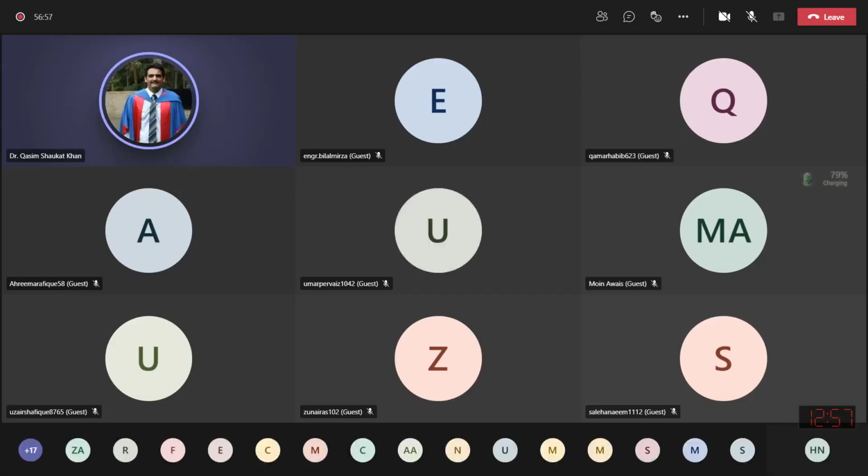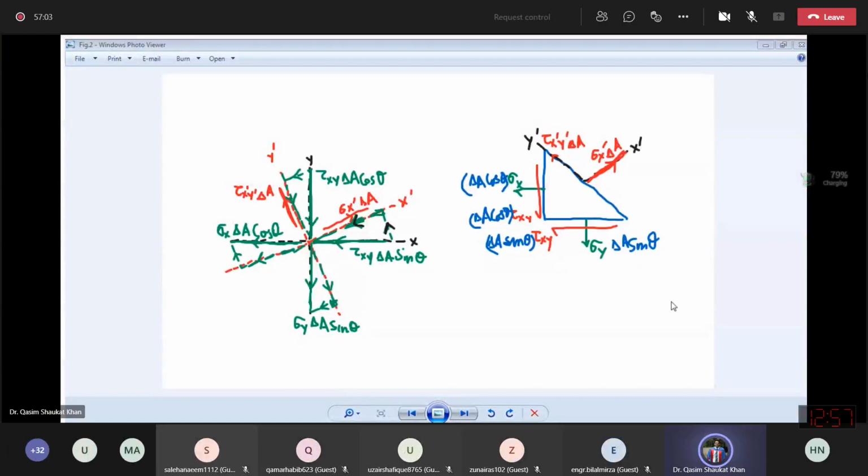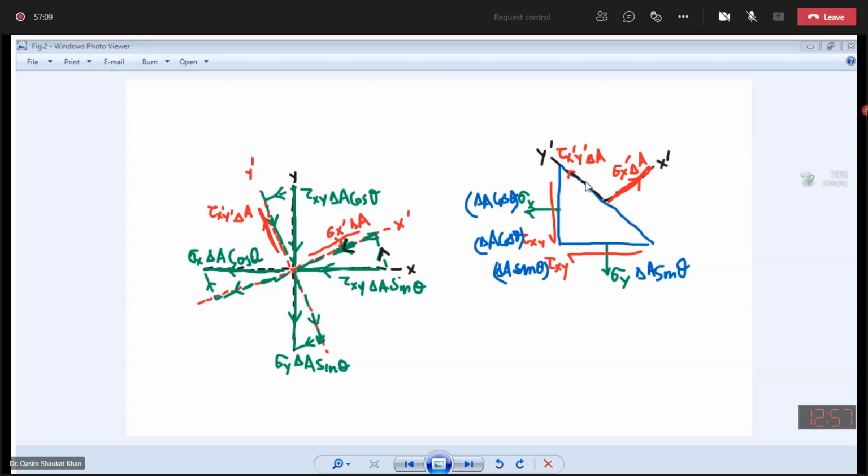Let me share the next figure. Can you see this figure now? Yes, sir. Now, these were the four forces which are oriented along x and y axis. This is your resultant forces, sigma x dash, tau x dash y dash.